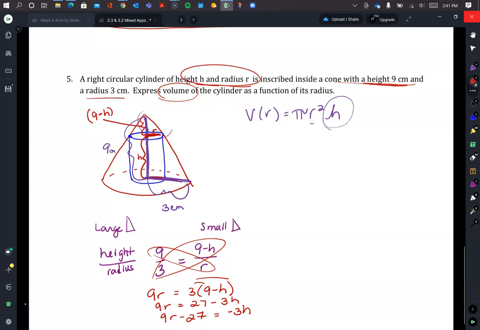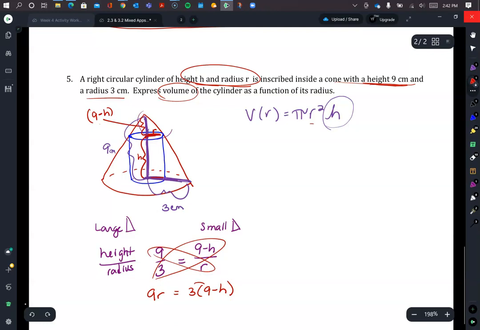Actually, I could have done that earlier on. It would have made it a lot easier. Let's do that. Really a quick way to do this: instead of distributing, I'm just going to go ahead and divide both sides by 3. So I'm really just going to clear the denominator there.